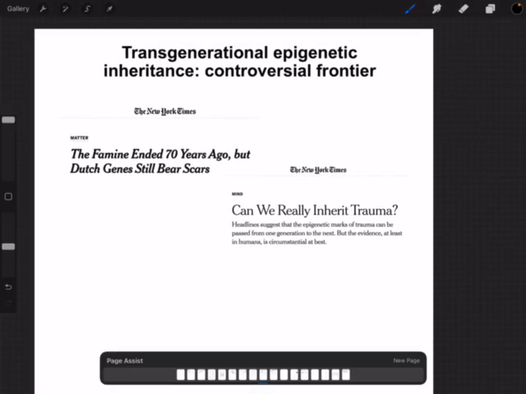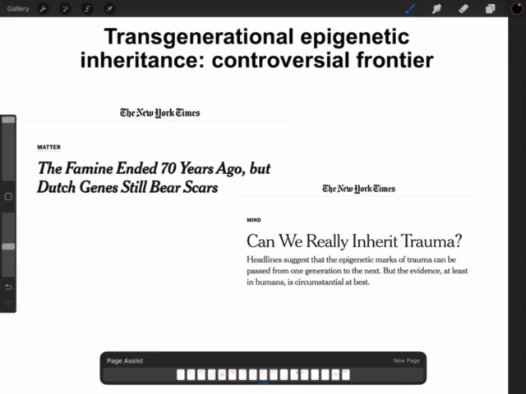I will say that this transgenerational epigenetic inheritance is a very controversial frontier in genetics. There's been a lot of really interesting studies where survivors of famine have consistent changes to DNA methylation, and not necessarily the survivors. The grandchildren of survivors of famine sometimes carry somewhat consistent or measurably different ratios of methylation marks in their genome.